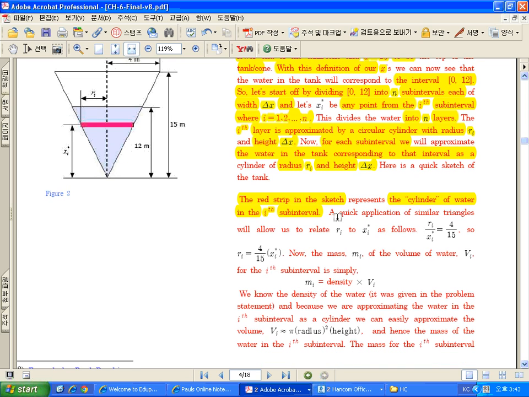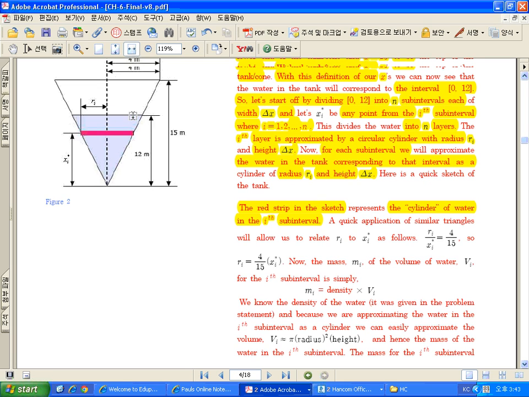A quick application of similar triangles will allow us to relate Ri and xi star as follows. The ratio of Ri over xi star should be 4 over 15, because the triangles are similar. So Ri can be written as 4 over 15 times xi star.